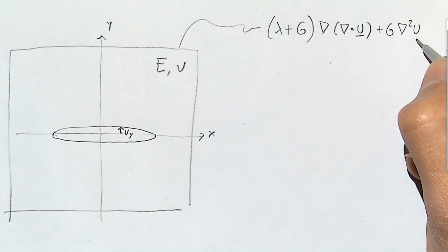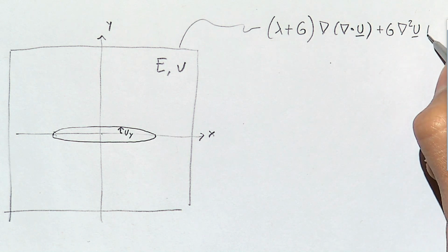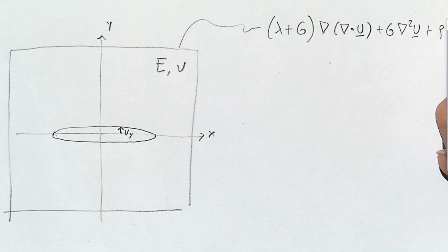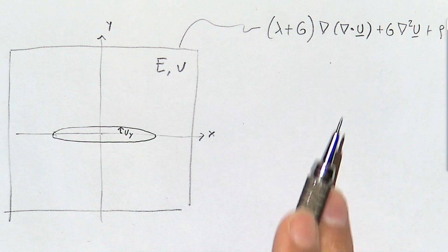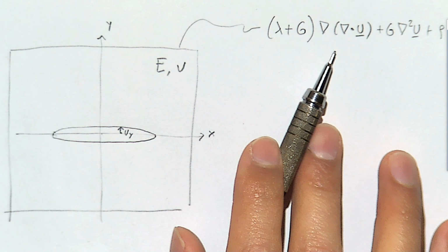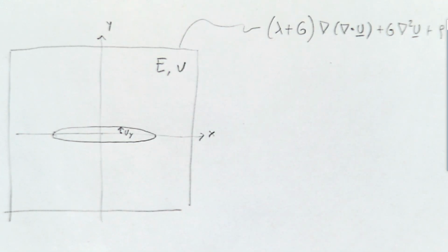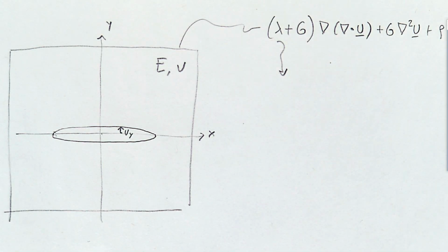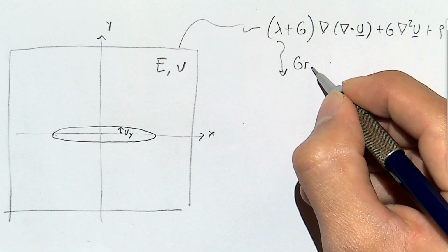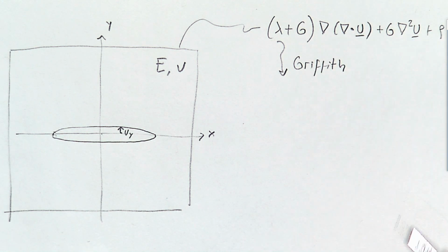Fortunately, someone else did this for us and gave us the solution, so we're not going to look for the solution, but you should know that what we have learned for linear elasticity is useful in order to predict what the stresses are at the tip of the fracture. The person who found this solution was called Griffith, and he did this a long time ago. He used analytical solutions for that.